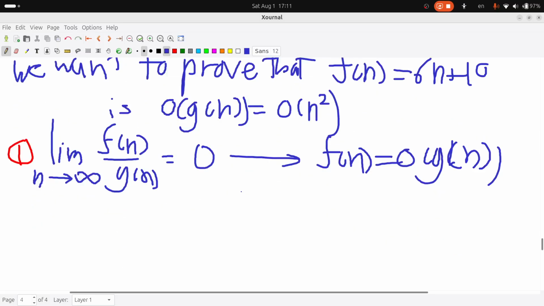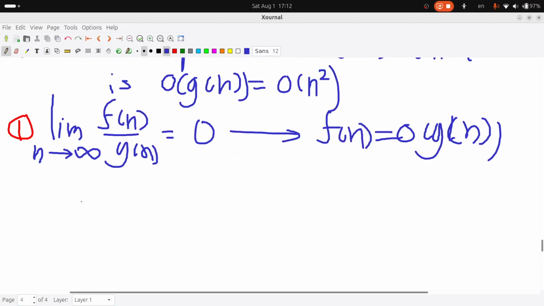And yes, this is the first method. We just use the limit function and prove that Fn divided by Gn, in the limit as n goes to infinity, is equal to 0. Then Fn is little o of Gn.